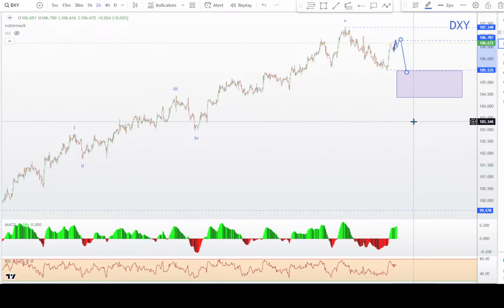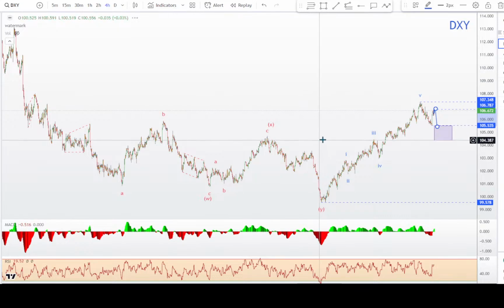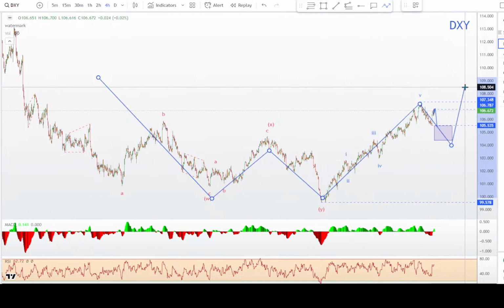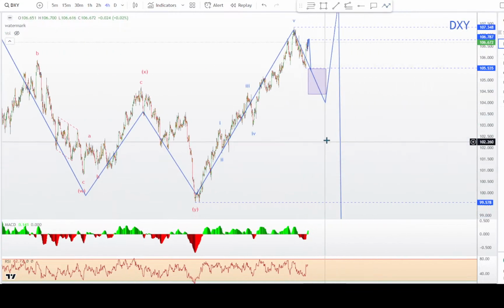Yeah, so what I see in the dollar is really matching up with what I see in the markets, the NASDAQ, S&P, Russell. Because if we really zoom out again, as I've been saying, I think that this was all WXY, and I'm expecting a 3-wave move here, and then they come back down and take out that 99 low.